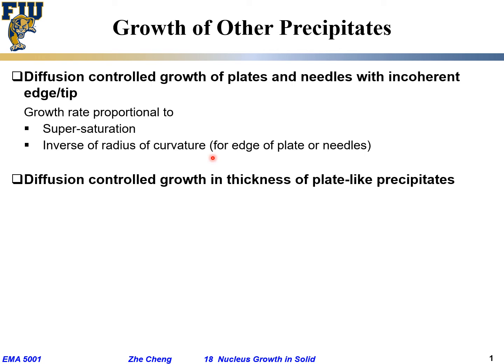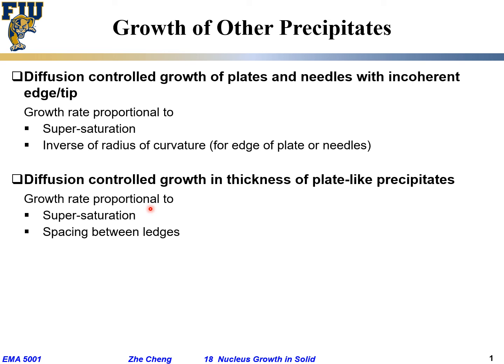Okay? And then the diffusion growth of the plate-like precipitate over the coherent or semi-coherent interface. The growth rate would be proportional, similarly, to supersaturation, and then the spacing between the ledges, because you can only add atoms onto the so-called ledge side, the special location where you have fewer so-called broken bonds.